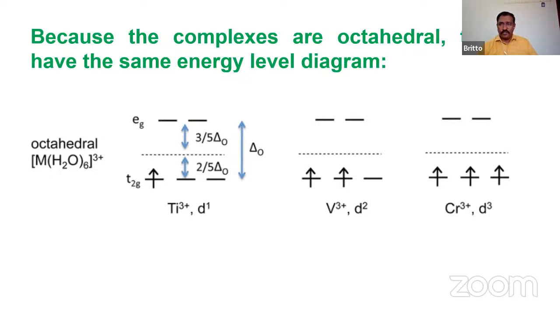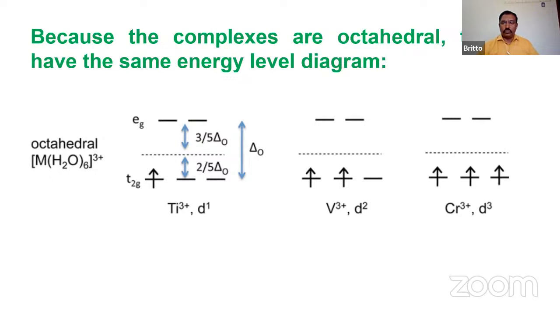We remove 3 electrons, so the configuration is d3. Each of the 3 electrons occupies one orbital of the t2g level. This is the splitting for titanium, vanadium, and chromium.